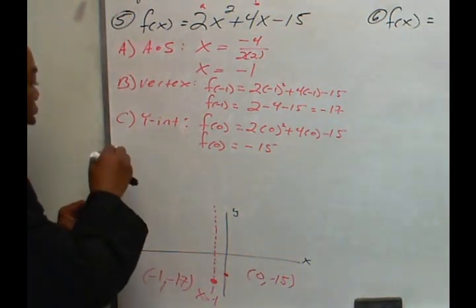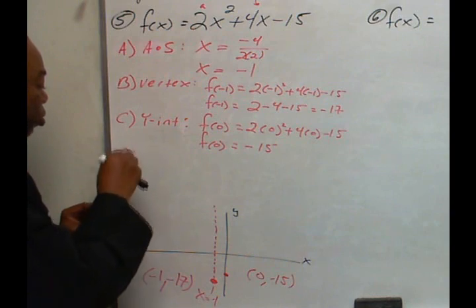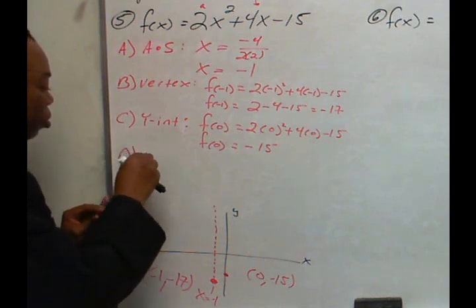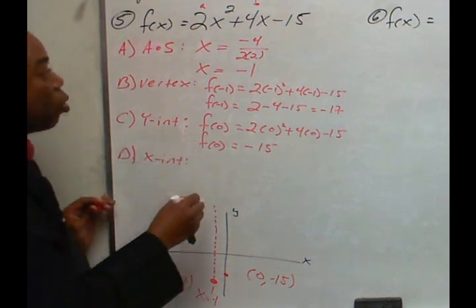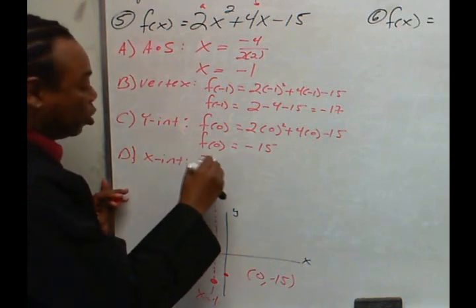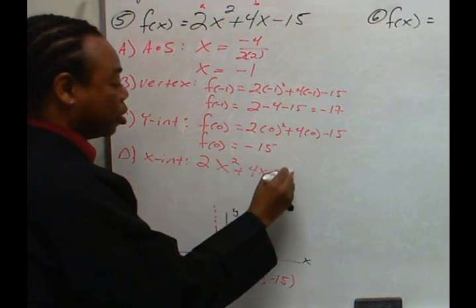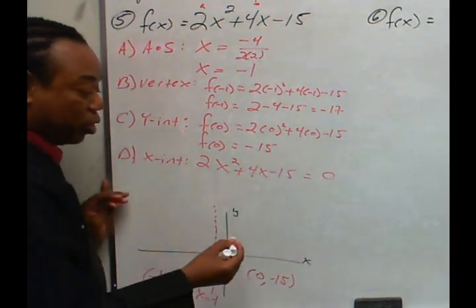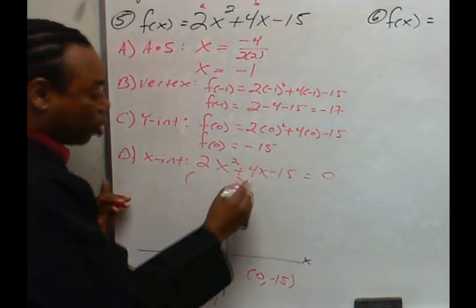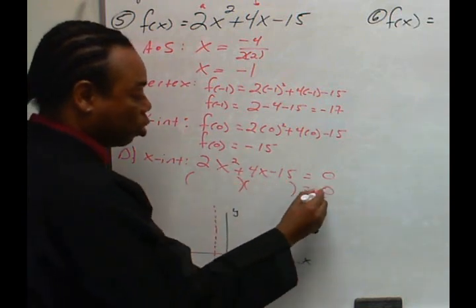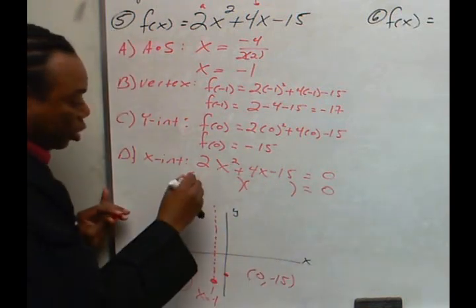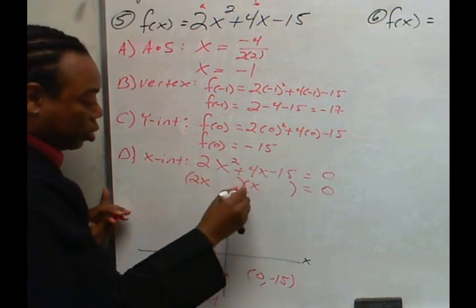Alright, lastly, we're going to find our x-intercepts. We find the x-intercepts by taking our function 2x squared plus 4x minus 15, setting that equal to 0, and then solving for x. I'm going to try factoring this quadratic. Let's say 2x times x.